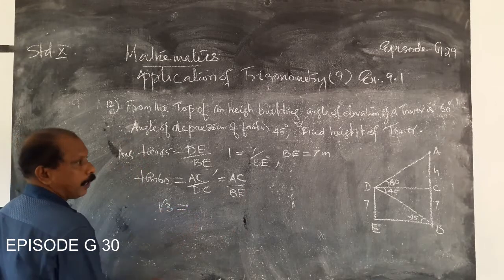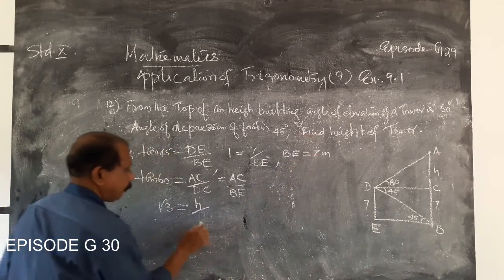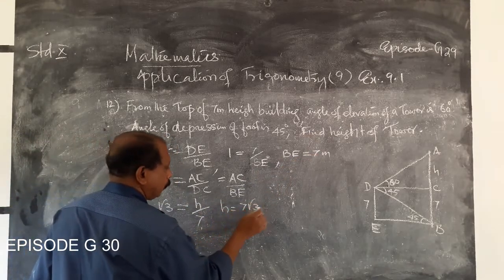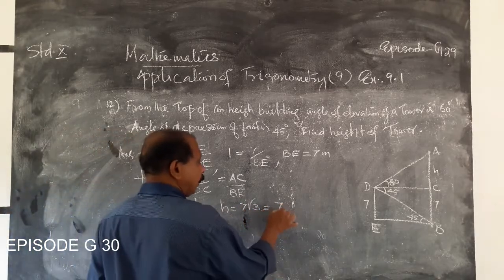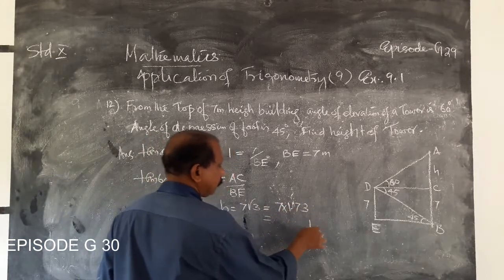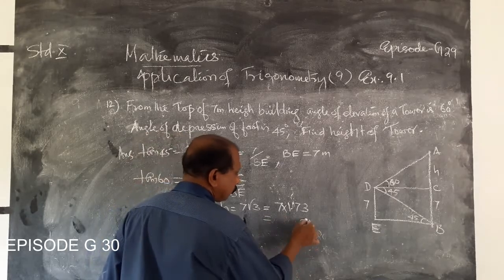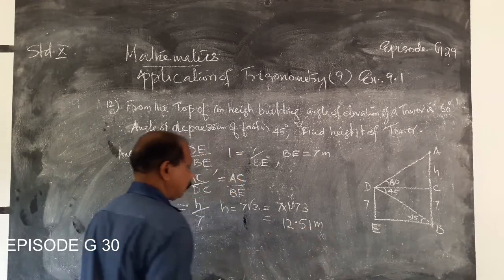Root 3 is equal to AC. It is h. By BE, it is 7. Therefore, h is equal to 7 root 3 is equal to 7 into 1.73, is 12.51 meter.